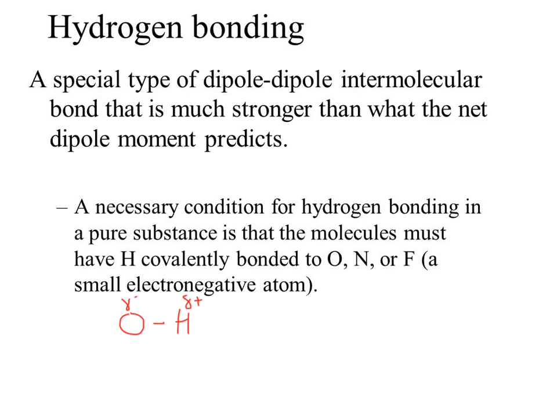Either that or nitrogen and hydrogen. Again, the nitrogen will be partially negative, hydrogen partially positive. Your other choice is a fluorine, partially negative, with hydrogen partially positive. Just somewhere in that molecule. If that's the case, you will have hydrogen bonding.